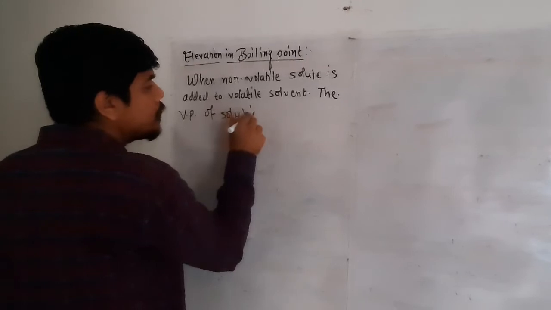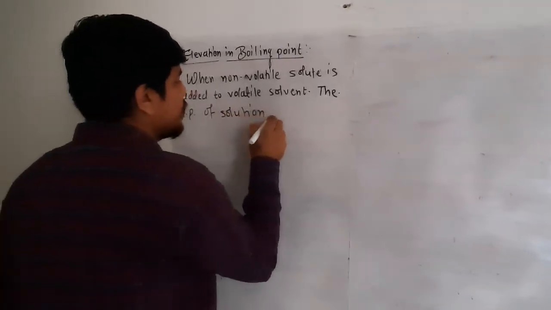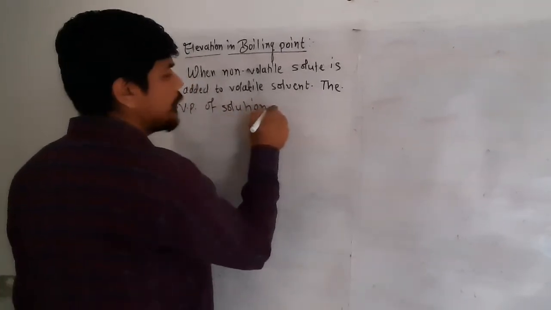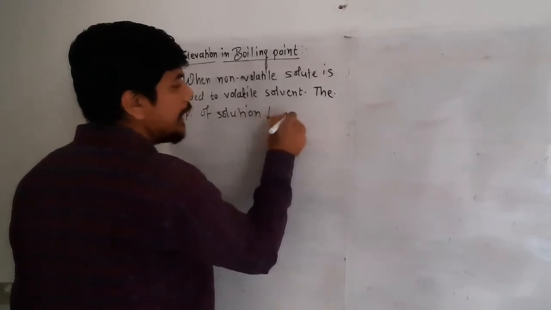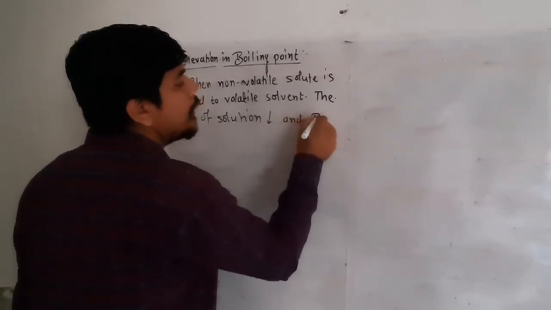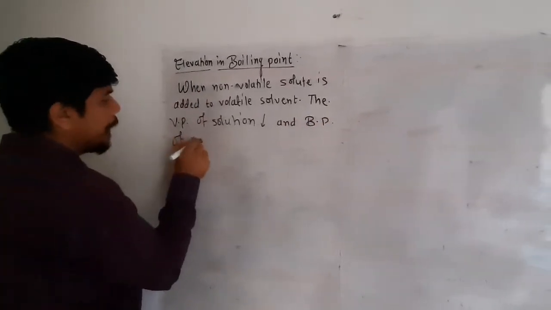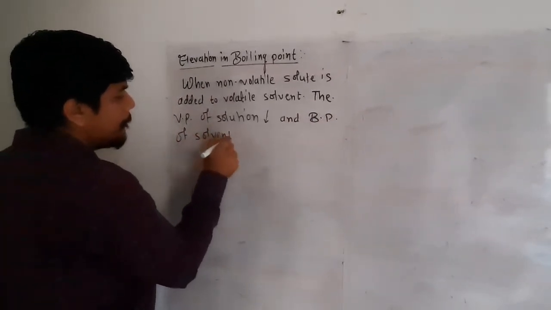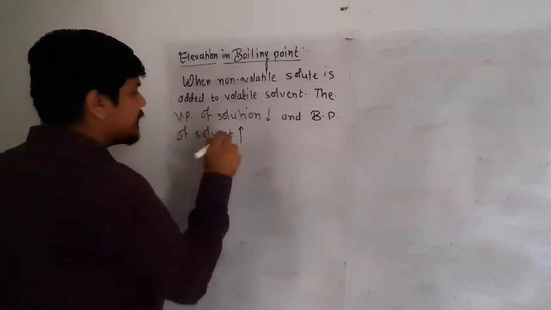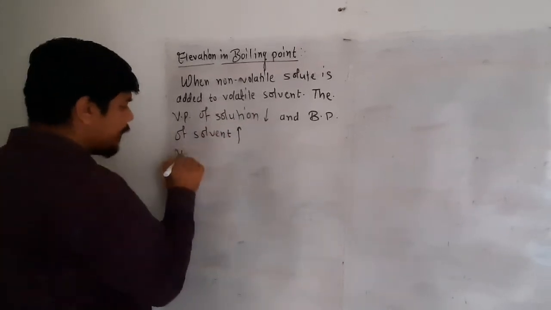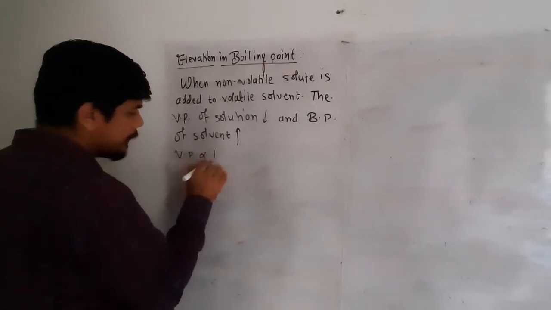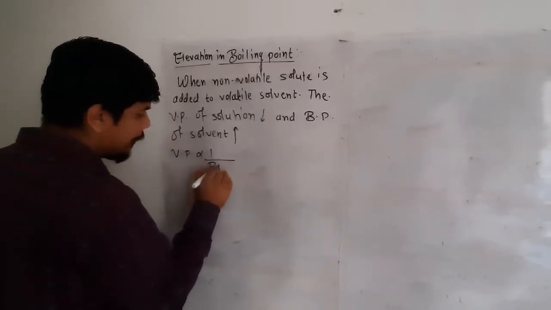We have understood Raoult's law for that. The vapor pressure of the solution decreases and the boiling point of the solvent increases, because we know that vapor pressure is inversely proportional to the boiling point.